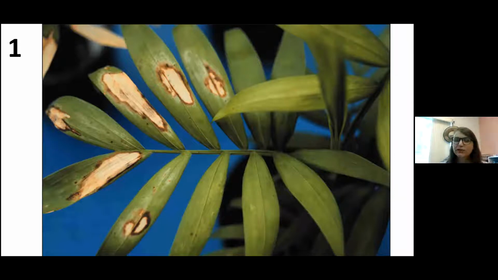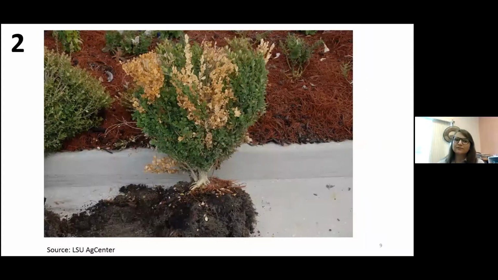Okay, we're moving to the next one. Number 2. I think they have questions. No, it's usually only one problem for these pictures.